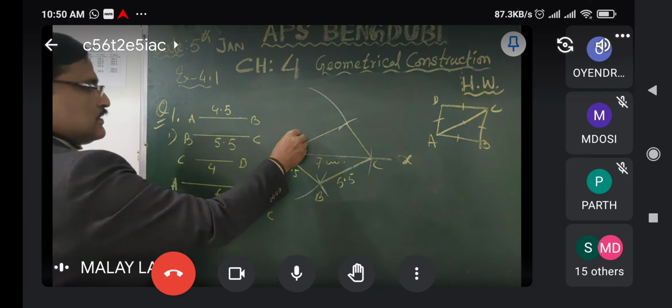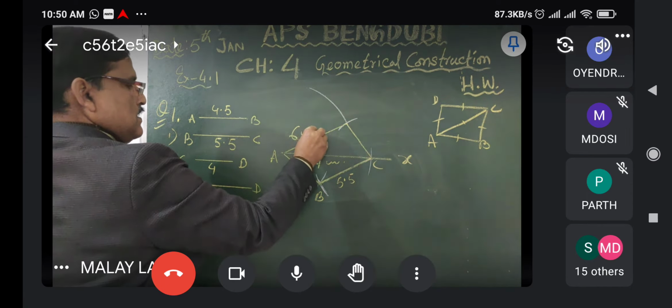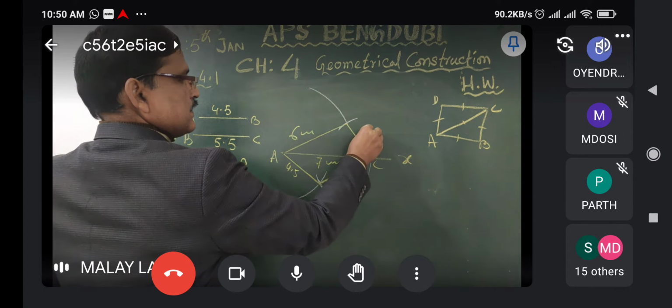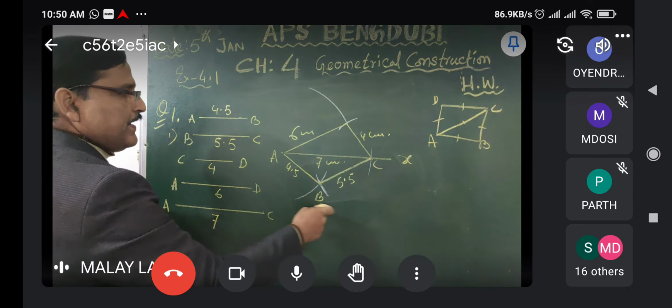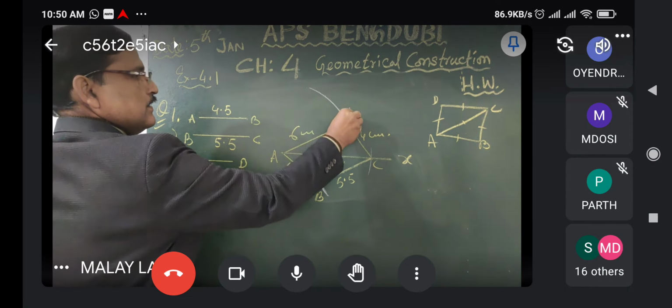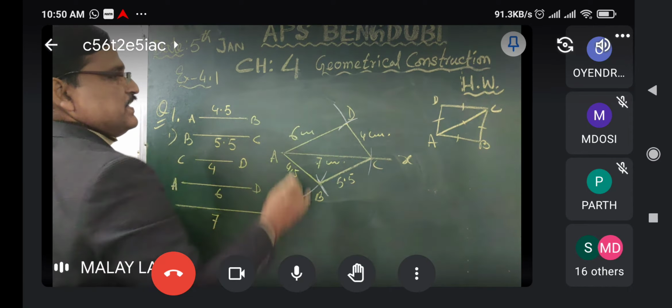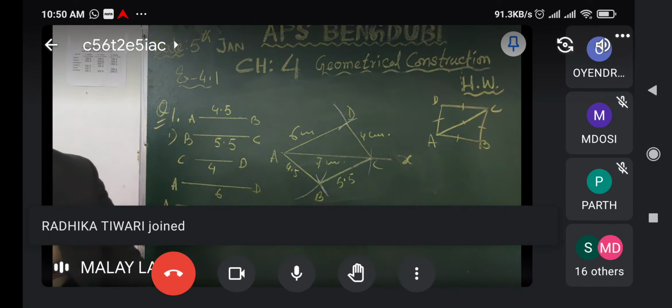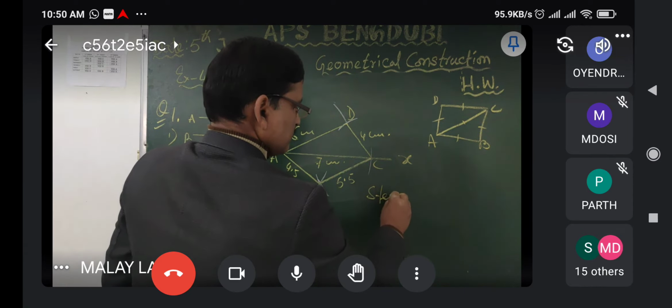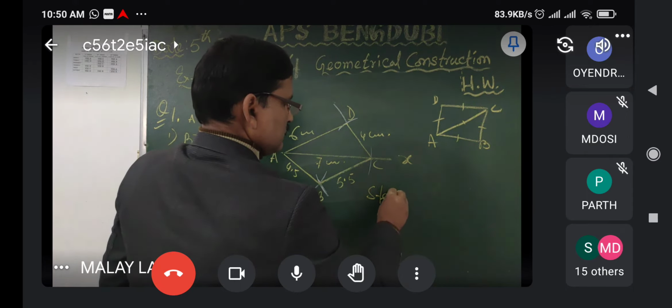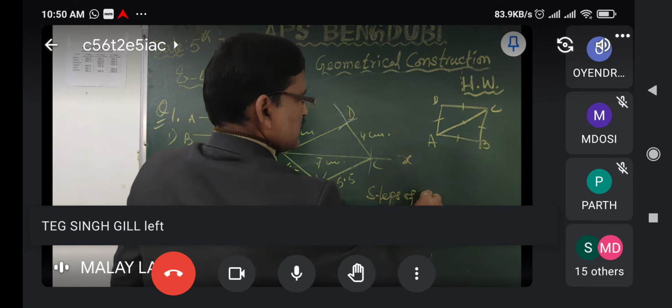So this is what? 6 centimeter. And this is 4 centimeter. 4 centimeter. Hence ABCD is the required quadrilateral. Then write below at the back: steps of construction.